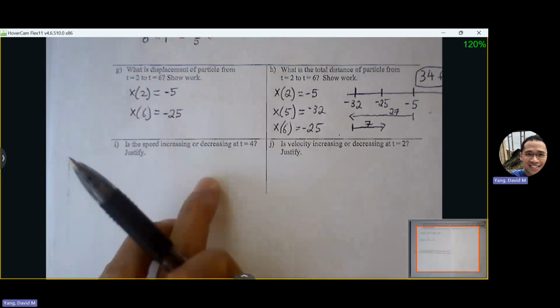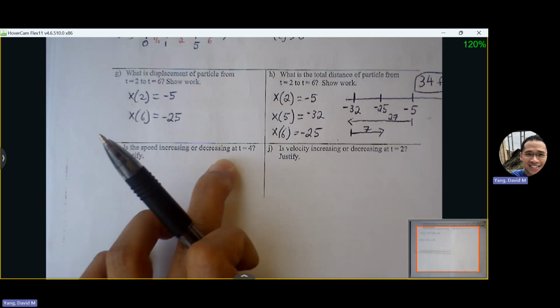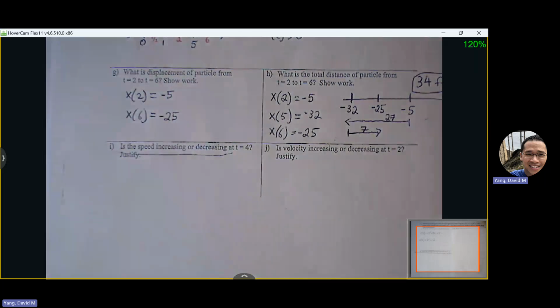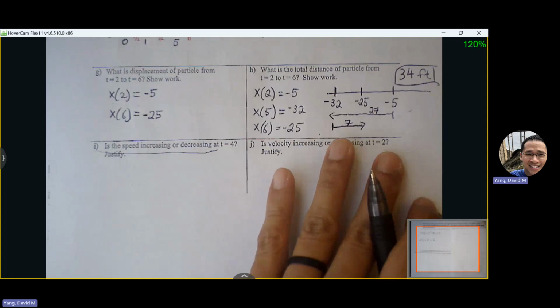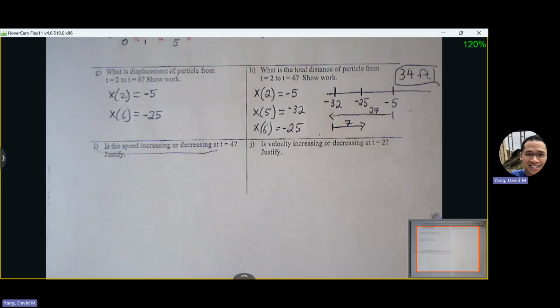Okay, part I, is the speed increasing or decreasing at t = 4? So increasing, decreasing speed, we have to compare signs between what? Acceleration and velocity. So we find acceleration at 4, we find velocity at 4, and we look at their signs. If they're both the same sign, then speed is increasing.